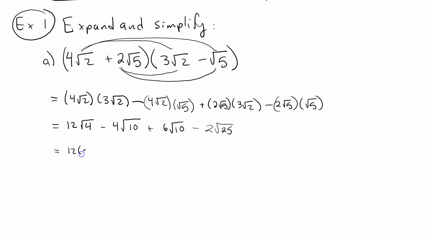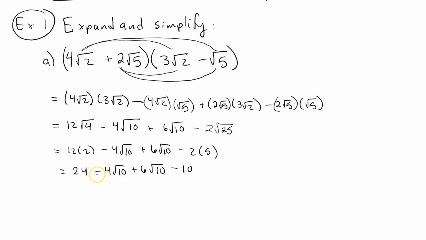So 12 times 2 minus 4 root 10 plus 6 root 10 minus 2 times square root of 25 is just 5. 24 minus 4 root 10 plus 6 root 10 minus 10. 24 minus 10 is 14 plus negative 4 plus 6 is 2.